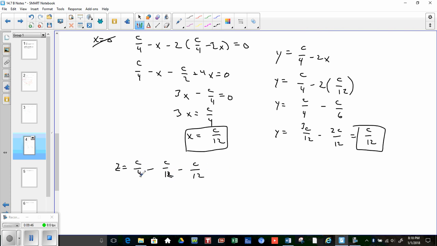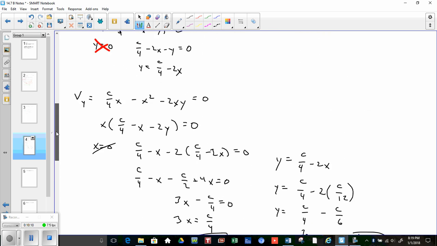And c over 4 again is going to be, what is that, 3 over 12? So we get 3c over 12 minus c over 12 minus c over 12, which is going to give us 1c over 12, or c twelfths. So it does actually make sense because we got x, y, and z to all be exactly the same value.